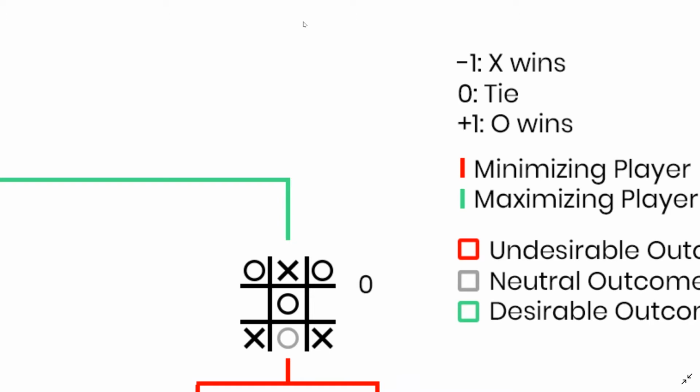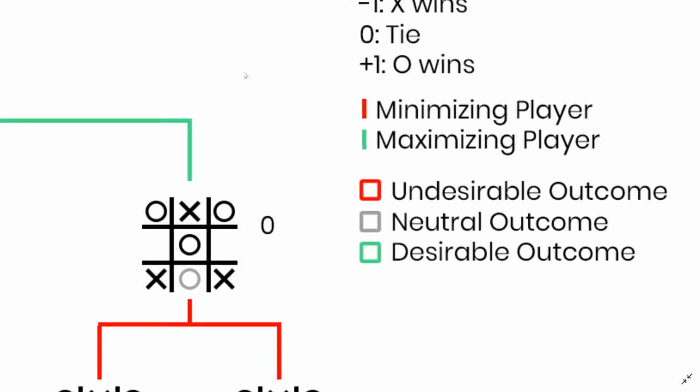The maximizing player obviously wants to maximize the score, so that'll be +1, in which case it will win. And the minimizing player wants to minimize the score, in which case it will win. It gets -1.